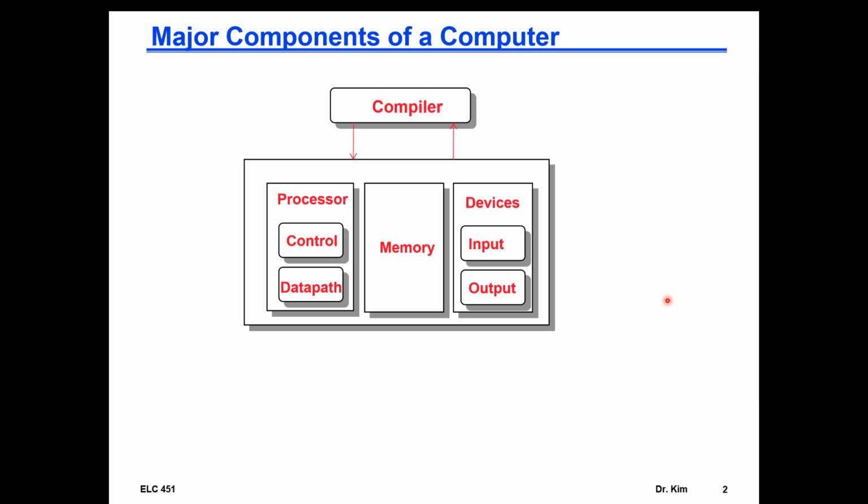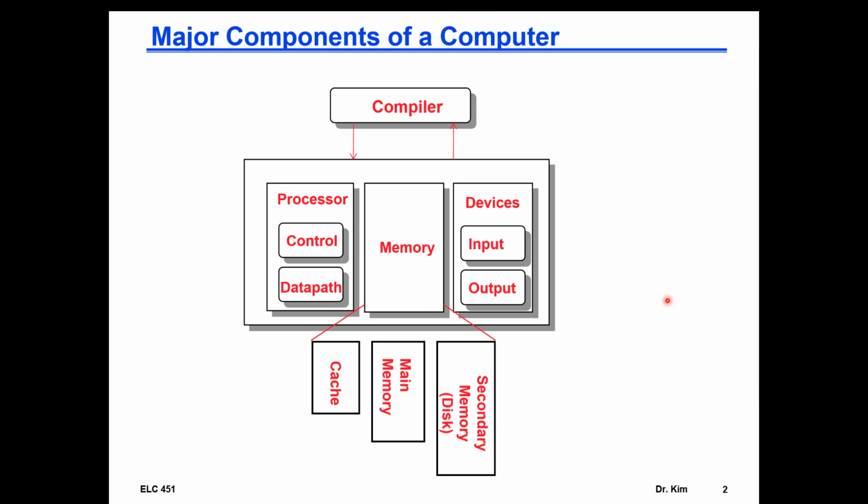These days the disk is not just a magnetic type of device, it can also be a solid state disk device. And then you have, of course, the input and output devices, whether it's networking, video, graphics, keyboard, mouse, and so forth. So that's the hierarchy.